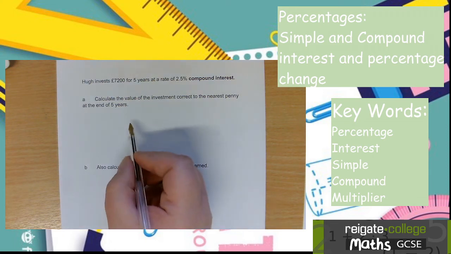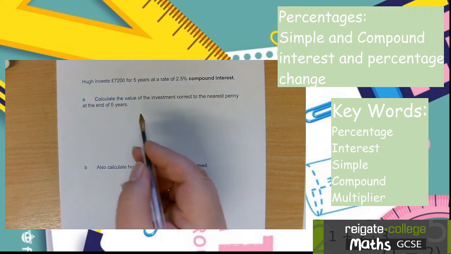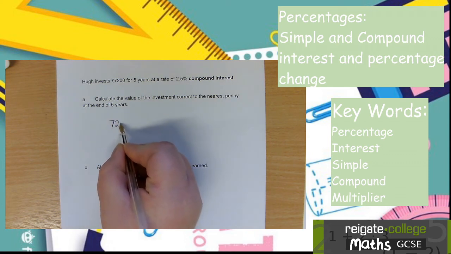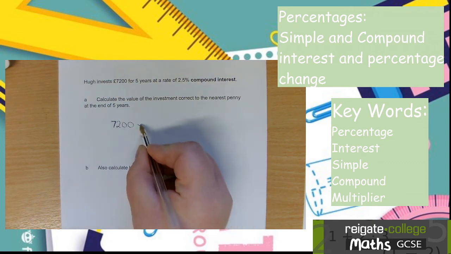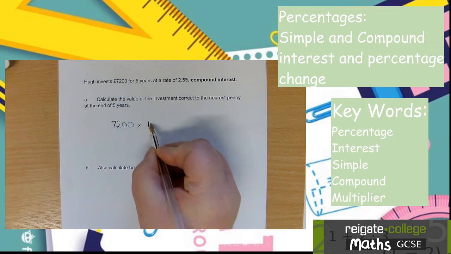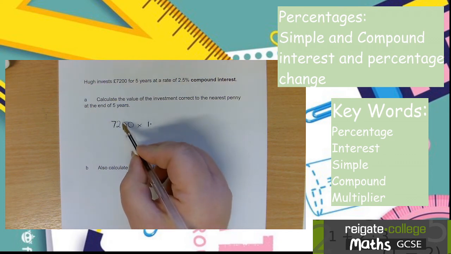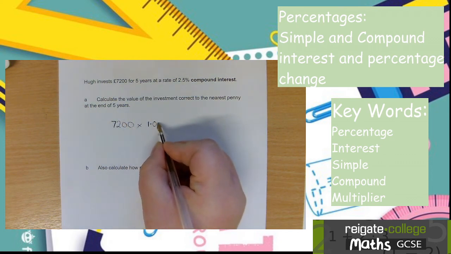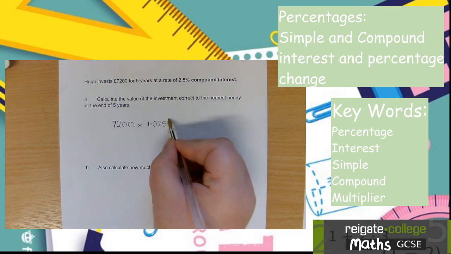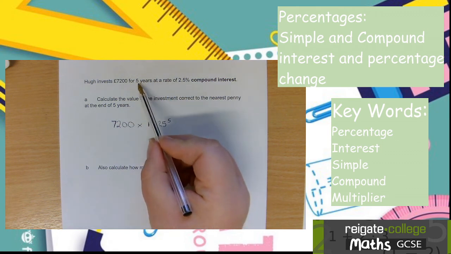So to calculate the value of the investment to the nearest penny, I start with my investment, £7,200. My multiplier is going to be 1, which represents the whole of my investment, 0.025, which represents my 2.5% interest, and I'm going to raise that to the power of 5, which represents my 5-year investment.